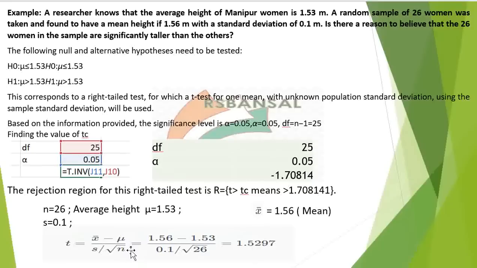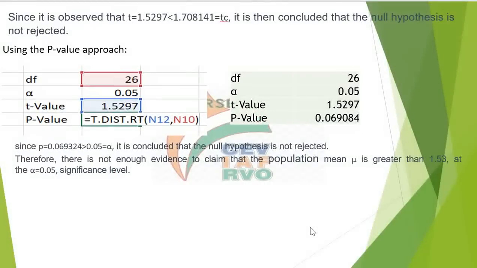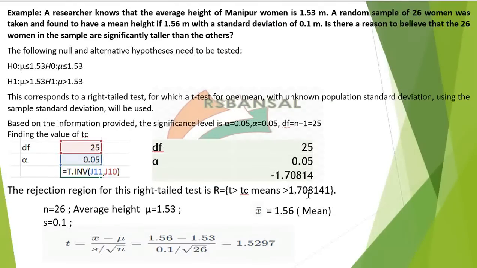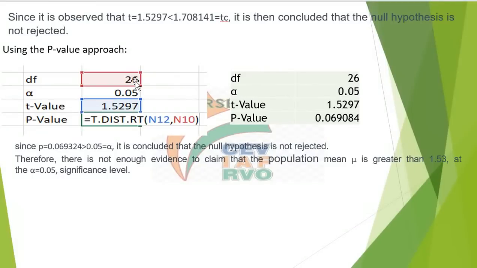N is the number of samples, which is 26. You put all the values, and the value comes out to be 1.5297. This value is less than 1.70814. It means your null hypothesis holds good.